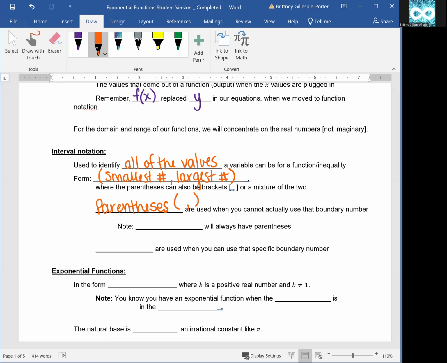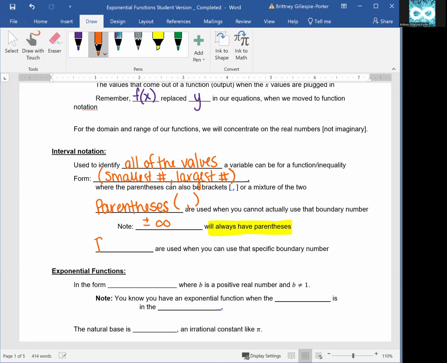And you may be wondering, well, what do you mean? Perfect example is when you have positive or negative infinity. We can't actually get to infinity. There's always a number bigger than the one that we're thinking of, or smaller if we're going negative. So we would always use parentheses with our infinity. Always. It's not an option, it's an always.